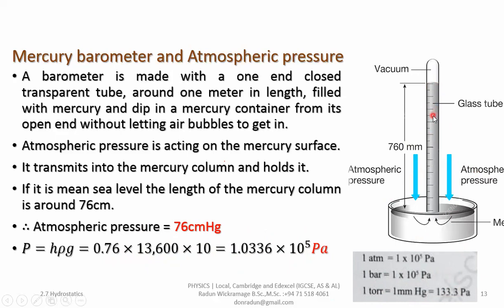So if you are measuring the height for a different pressure, not the atmospheric pressure, you can use this conversion. How much pressure is there for 1 millimeter of mercury? If you have, let's suppose, 500 millimeters, you can work out how much pressure is there at that particular place. Right. Hope you can understand all this. Please take down notes.